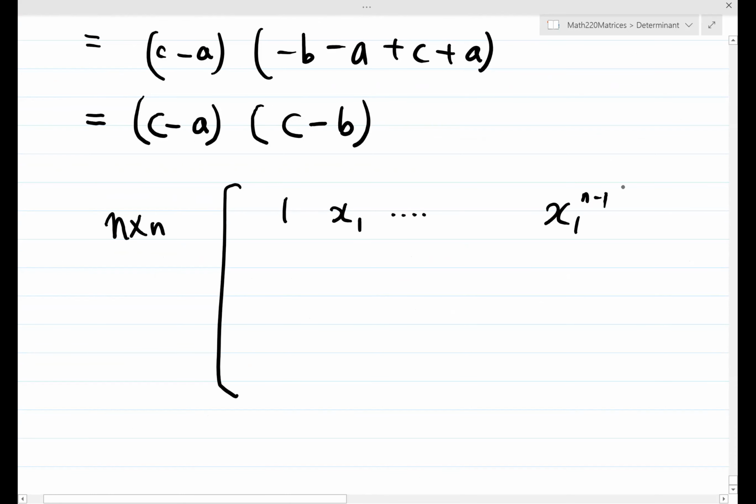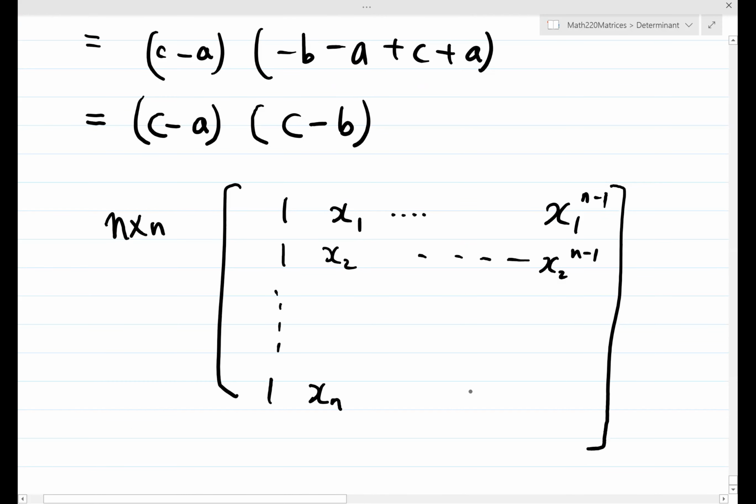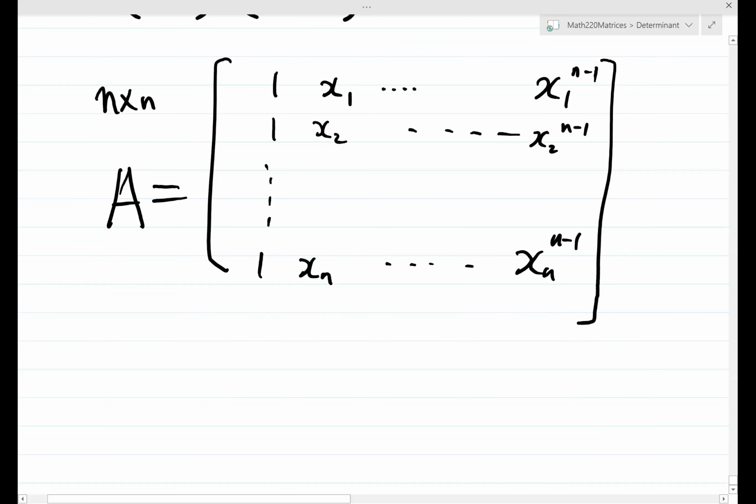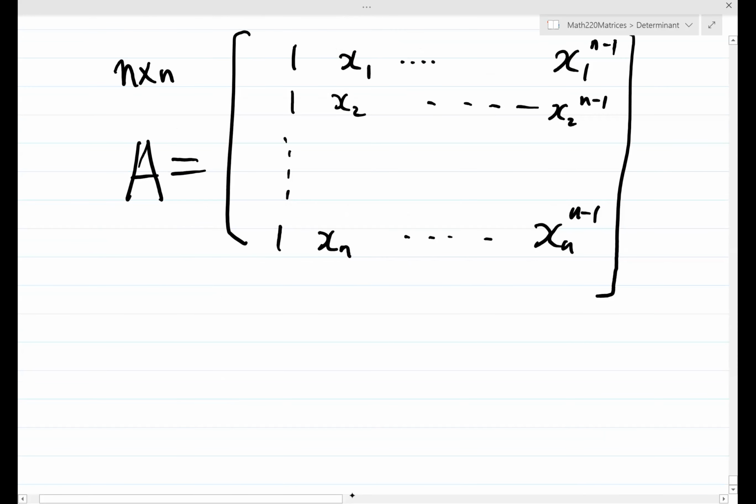So we start with power 0. So 1, x2, and so on, up to x2 to the power n minus 1. Then you have 1, xn, and so on, up to xn to the power n minus 1. Then this is the matrix A. Then what you get is the determinant of A, let's use determinant squared.